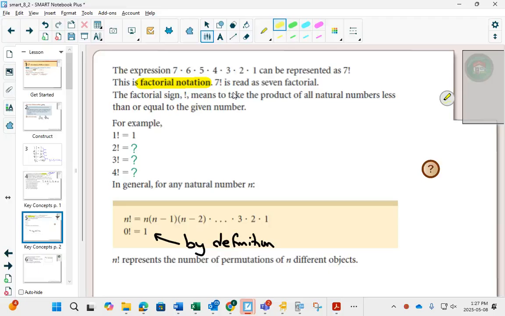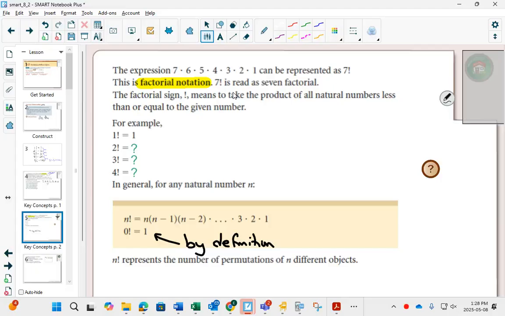But what do you do with 0 factorial? You can't go down to get to 1. It just doesn't make sense, but there are going to be some formulas where we need 0 factorial to equal 1 for the formula to make sense. So this is a special definition.